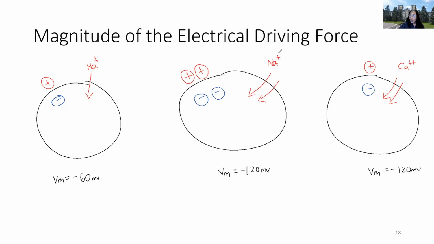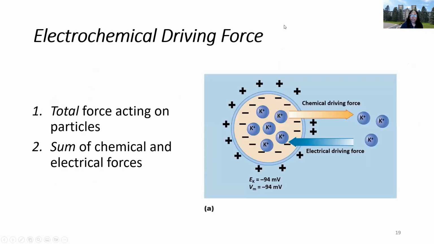Okay. What we're going to go on to look at now is combining the two forces. When we combine the chemical and electrical, we're basically putting the two forces that are acting on the particles together.